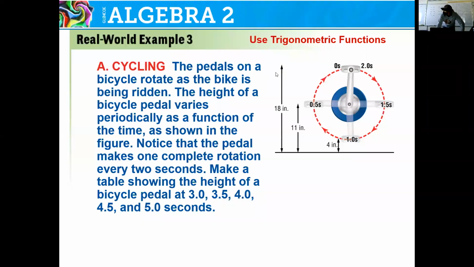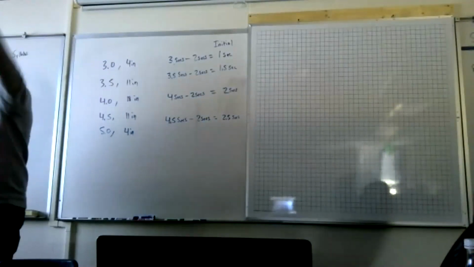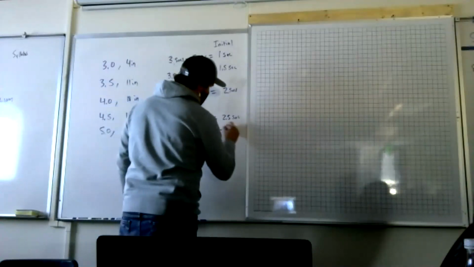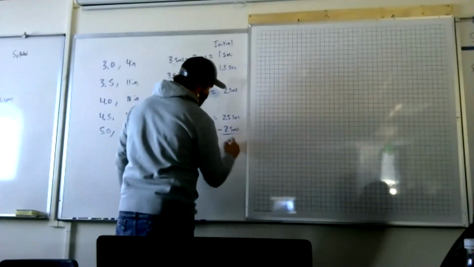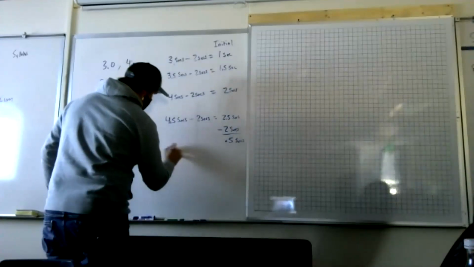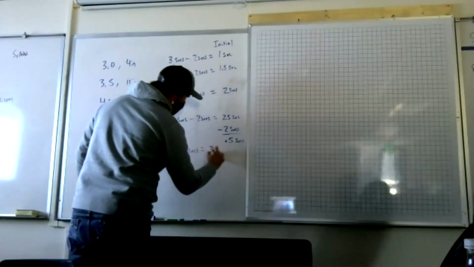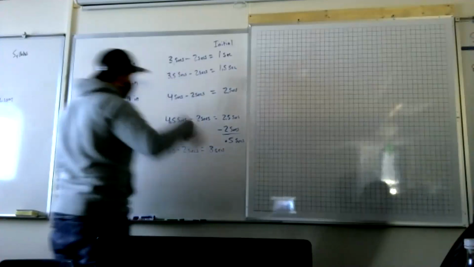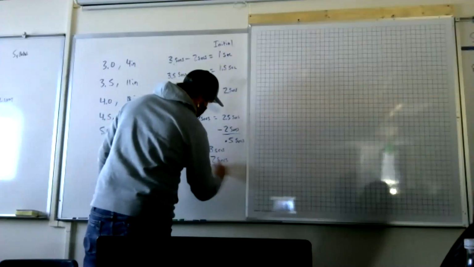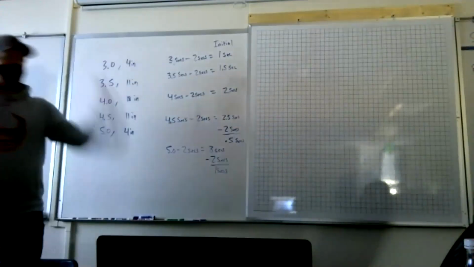So what I can do here is, because at 4.5 seconds I've completed 2 full rotations, I can subtract 2 seconds again to get that the pedal position should be when it's at 0.5 seconds. And then 5 seconds minus 2 seconds again is equal to 3. Doesn't really help me because that's still on my second rotation. So if I remove another rotation, the pedal position should be where it's at when it's at 1 second.